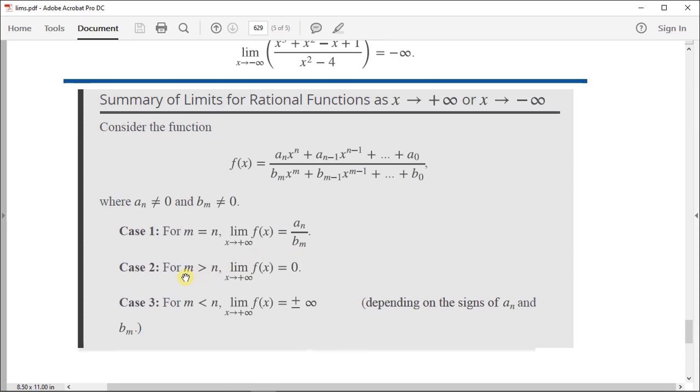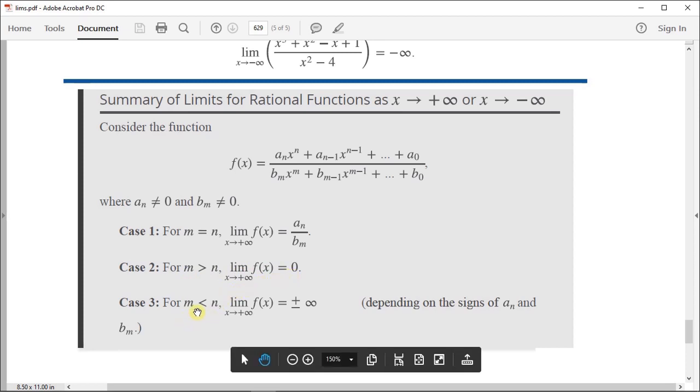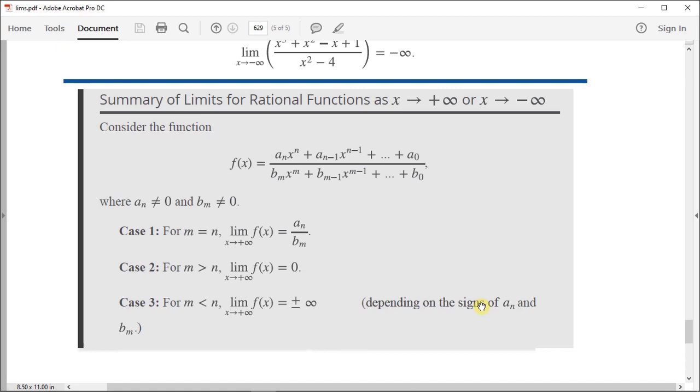If the biggest exponent is on bottom, you automatically get 0. If the biggest exponent's on top, then you're going to get either plus or minus infinity, and you've got to figure out if it's plus or if it's minus. And again, I'll show you a simpler way to think about that when we do some example problems here in a minute.